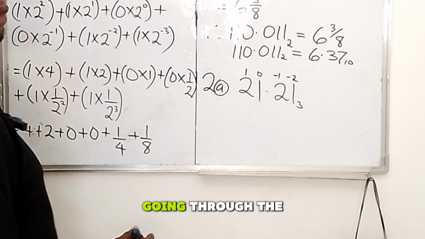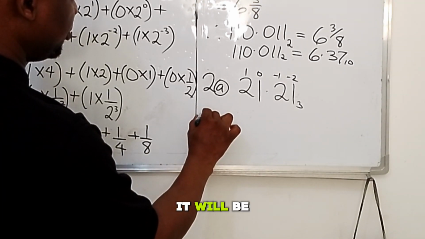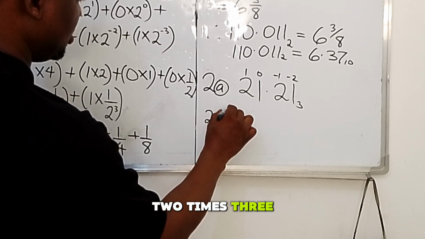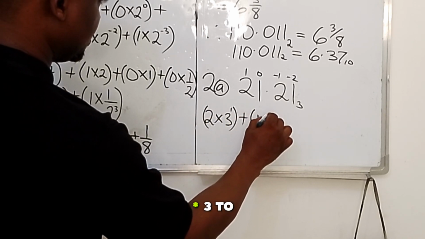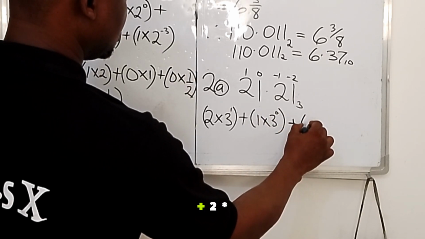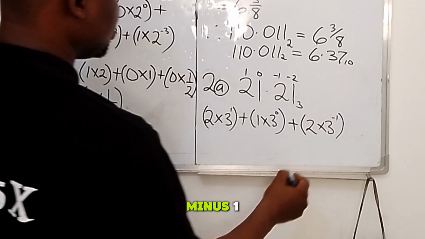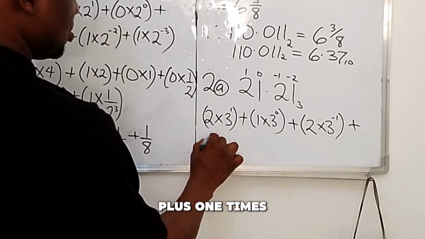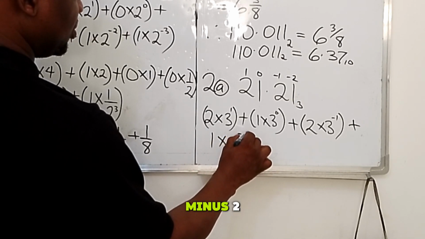Going through the expansion, my dear students and viewers, it will be 2 times 3 to power 1 plus 1 times 3 to power 0 plus 2 times 3 to power minus 1 plus 1 times 3 to power minus 2.